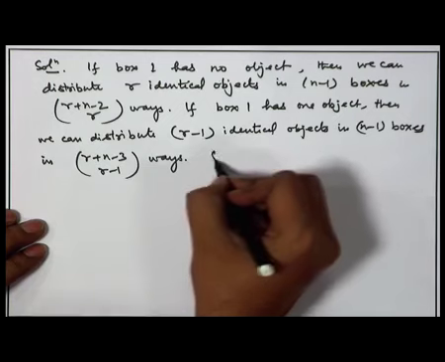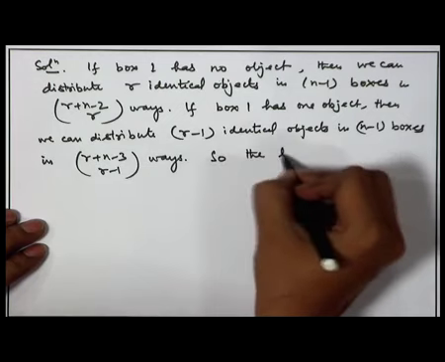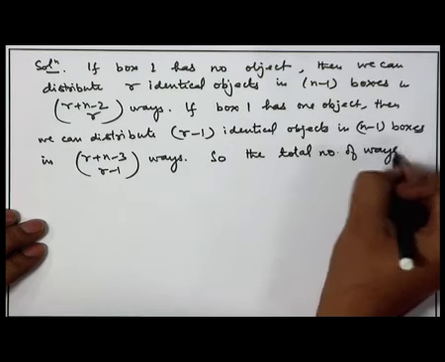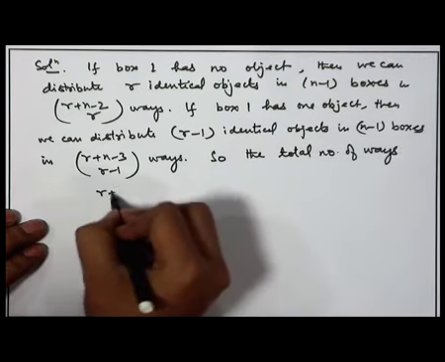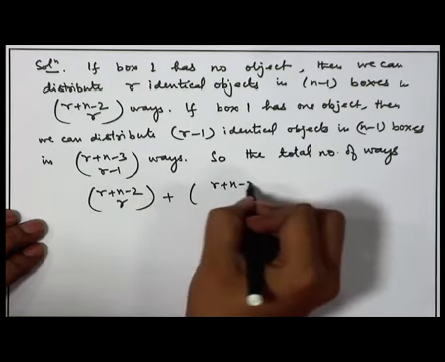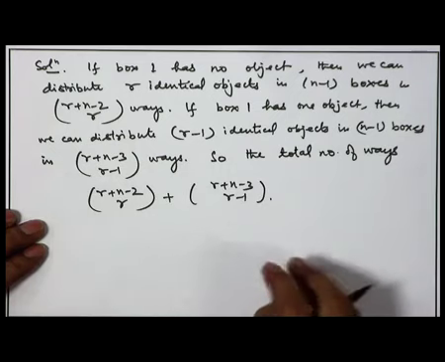So, by the addition principle, the total number of ways is (r+n-2) C r + (r+n-3) C (r-1).